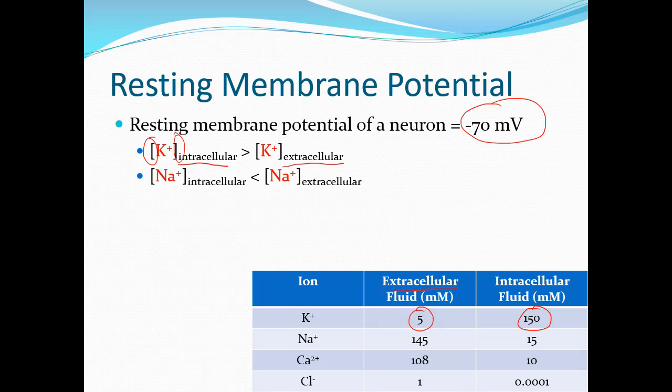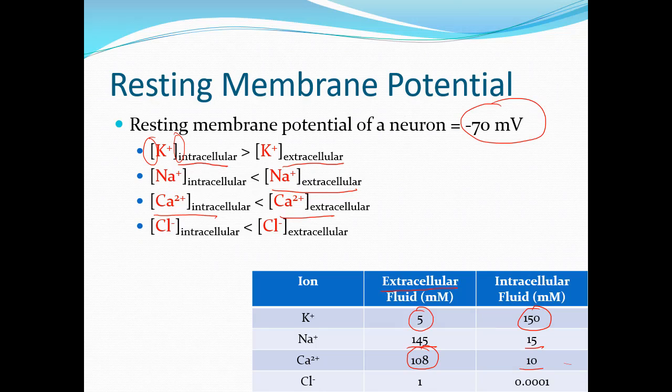For sodium, we have more on the outside of the cell compared to the inside. Sodium is 145 millimolars outside of the cell extracellularly, but only 15 millimolars intracellularly. Calcium is also more on the outside compared to the inside: 108 millimolars on the outside and only 10 millimolars on the inside of the cell.